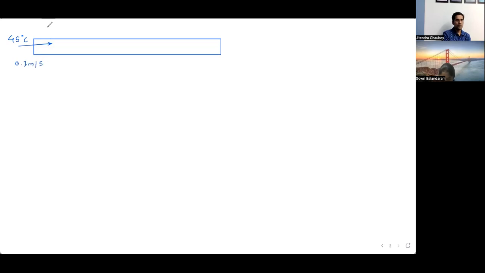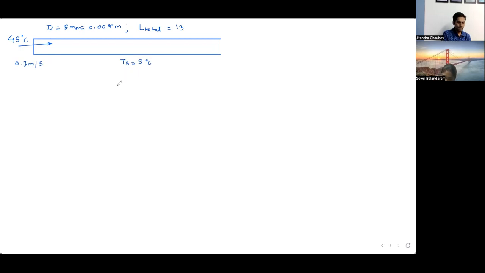We've got diameter, which is 5 mm, 0.005 meter, and the total length is 13 meter. L total is equal to 13 meter. The tube is maintained at a constant temperature of 5 degrees Celsius. T surface is 5 degrees Celsius.